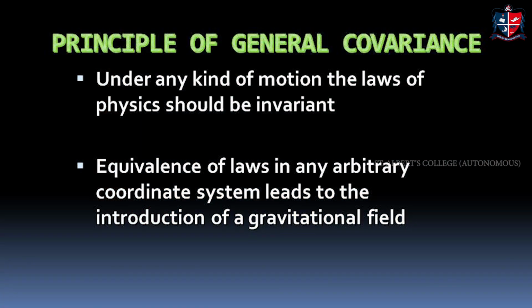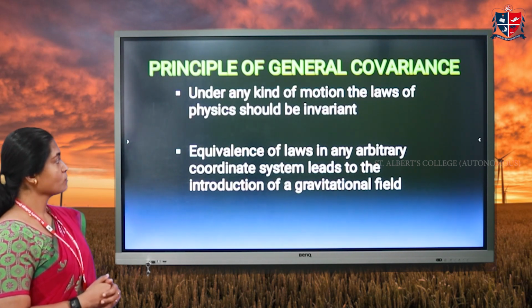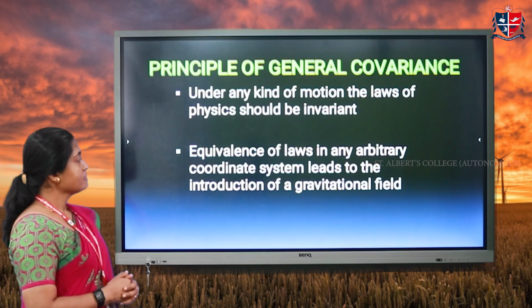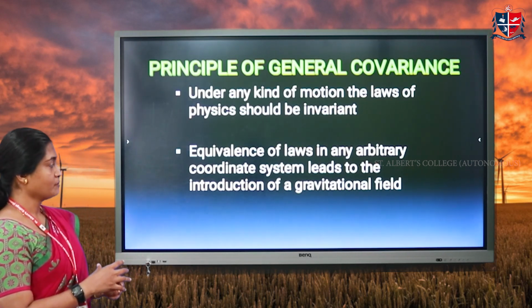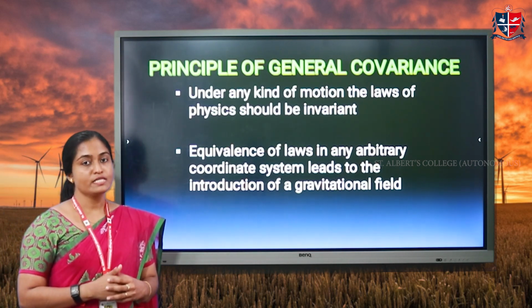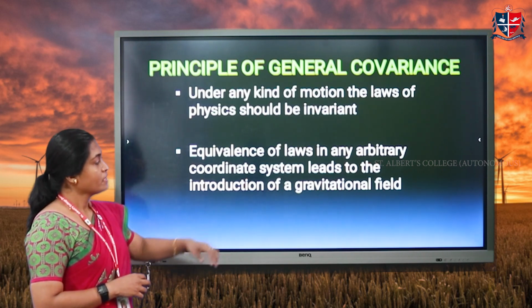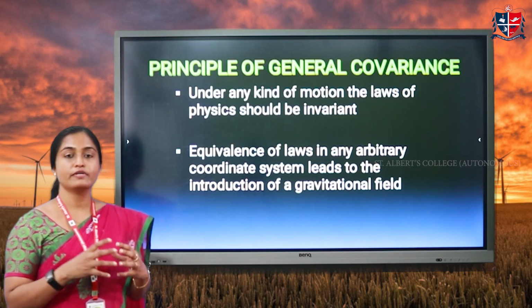Einstein argued that under any kind of motion, the laws of physics should be invariant. The equivalence of laws in any arbitrary coordinate system leads to the introduction of a gravitational field. This is the principle of general covariance. And we will see that if there is a field, you can define a potential there.